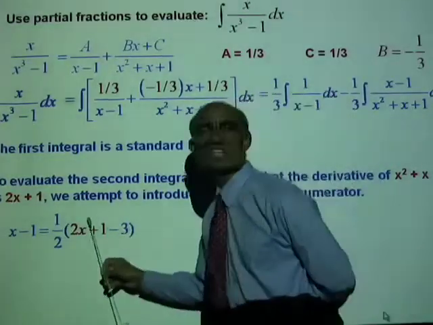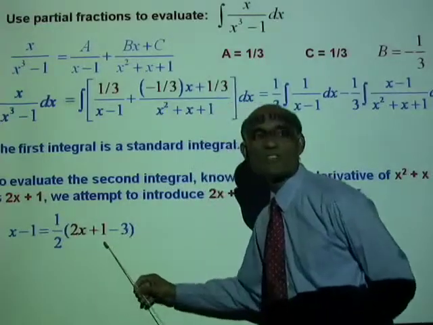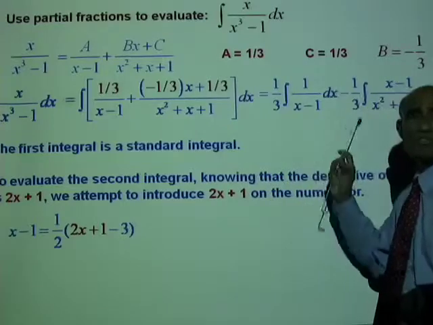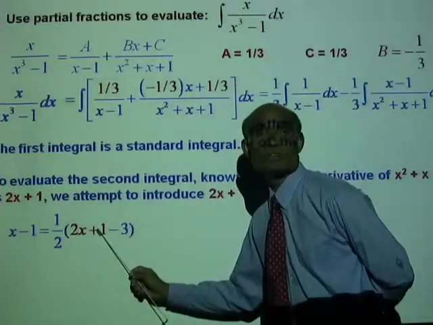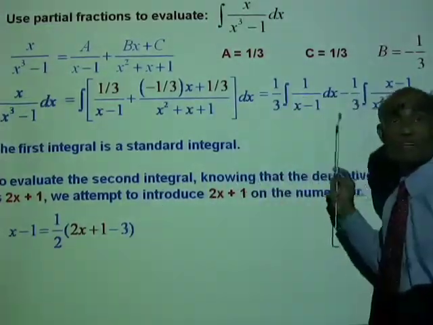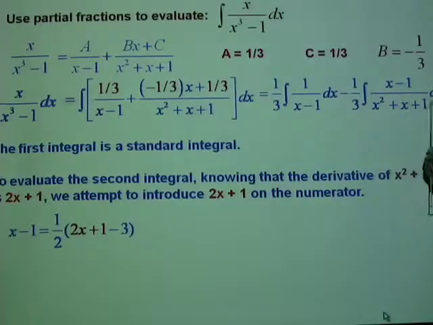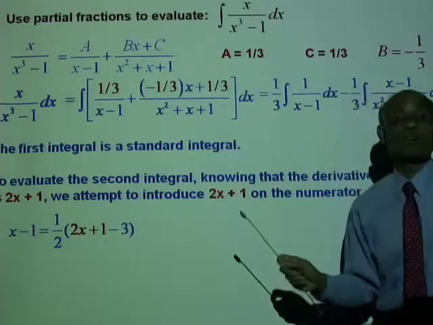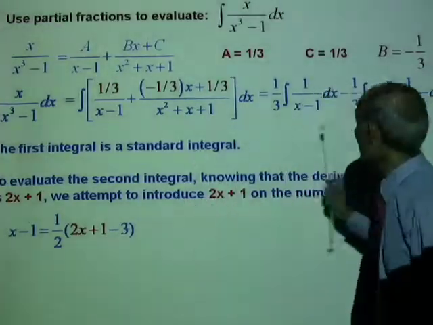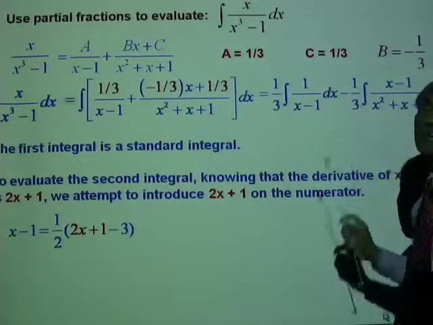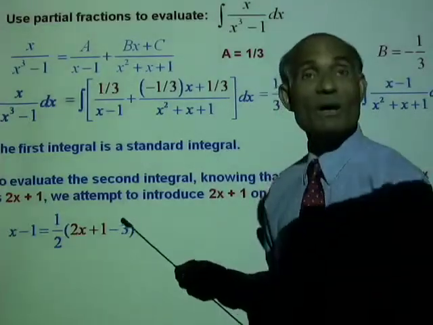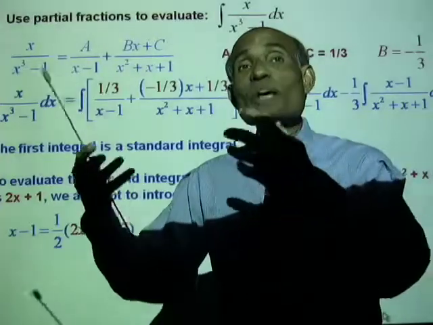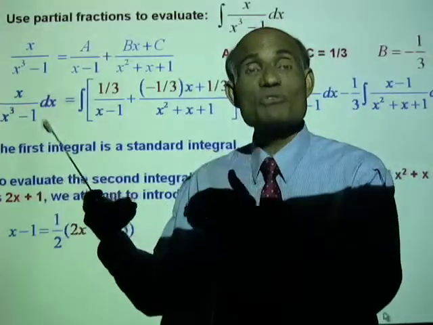So look at the ingenious way that we are going to introduce the quantity 2x plus 1 in the numerator. Why are we doing this? Because the derivative of the denominator is 2x plus 1. If we have a 2x plus 1 in the numerator, we can make a substitution for the denominator as u. Now remember, when you make a quantity equal to u, we need to replace our dx in terms of u.